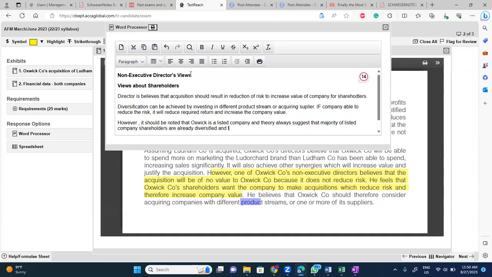They have already diversified their wealth by investing in different companies.